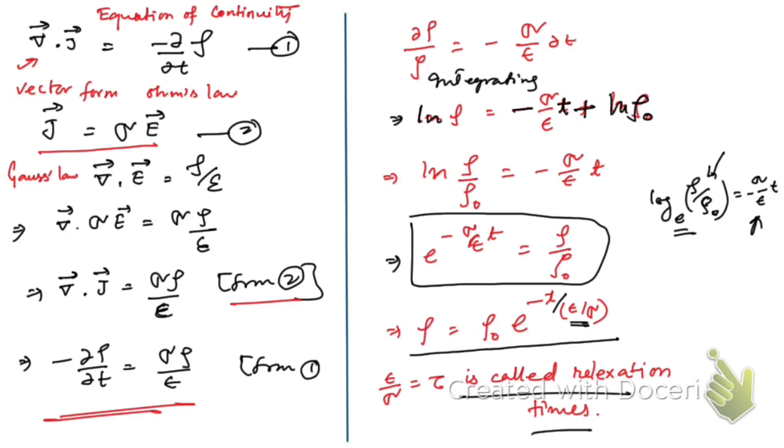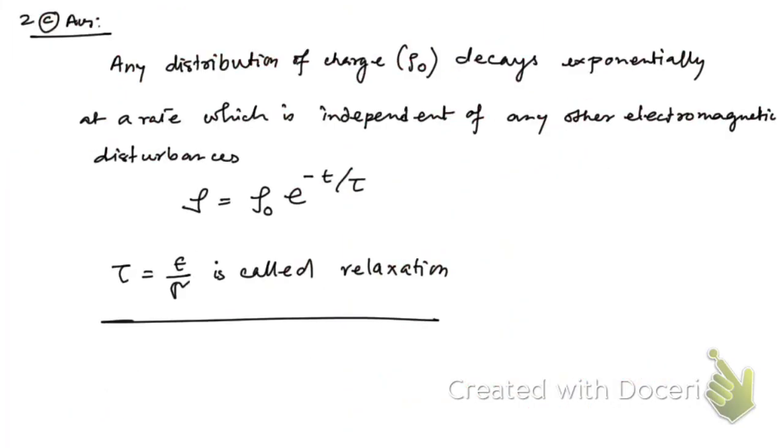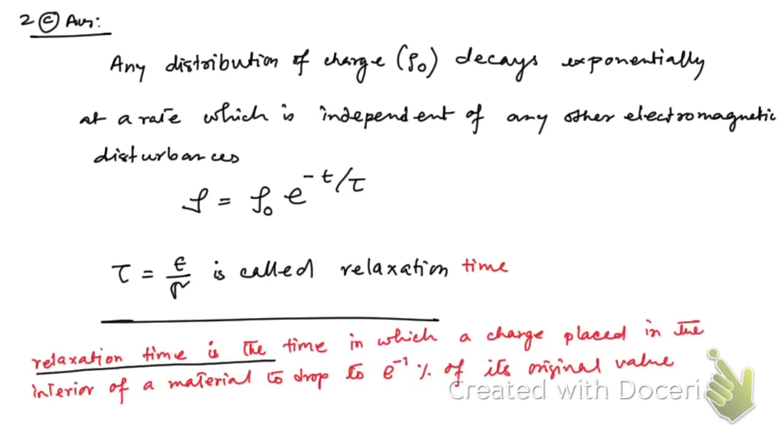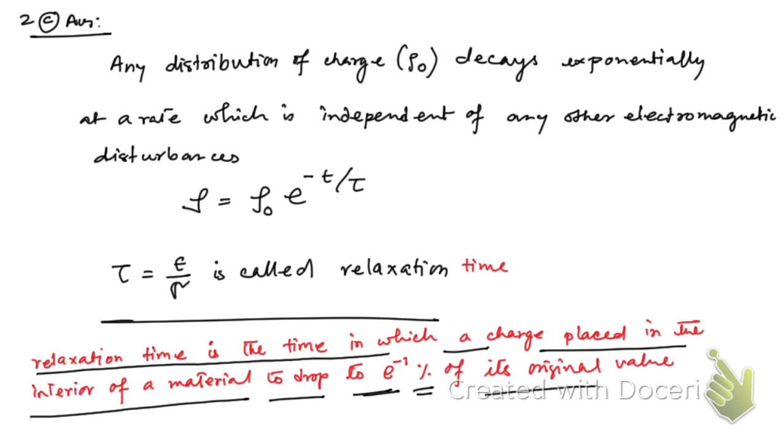Hope you have understood this, and you can define relaxation time this way: relaxation time is the time in which a charge placed in the interior of a material drops to e to the power minus 1, that means 1 by e, of its original value.